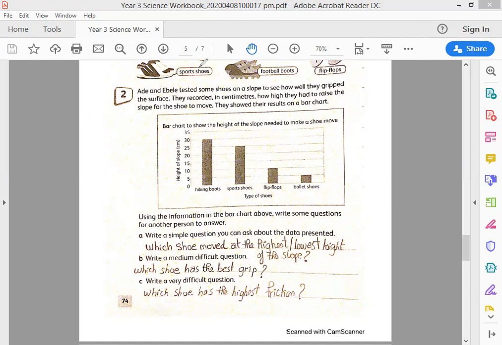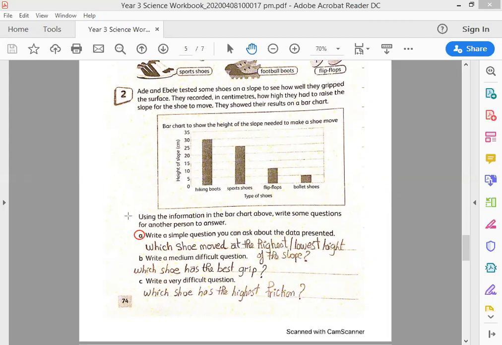Let's think together. What is the question you may ask from these data presented? You have many types of shoes and the slope and a distance. So the first question could be, which shoe moved at the highest or the lowest height of the slope?